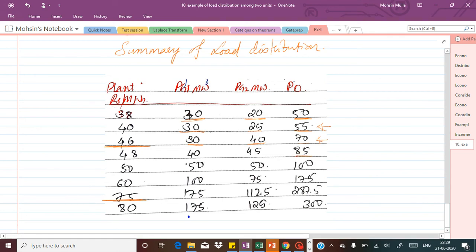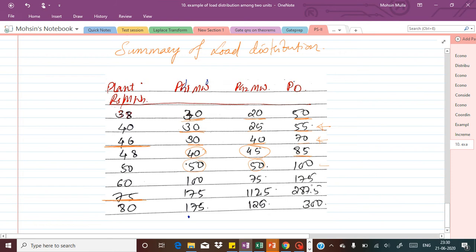Suppose the demand is 85, then depending upon the incremental cost of 48, Pg1 is obtained as 40 and Pg2 is 45. When the demand is 100, the lambda value is obtained first, 50. Using the lambda value, the loads are obtained as 50 and 50.